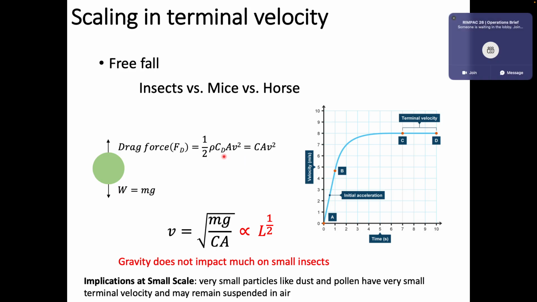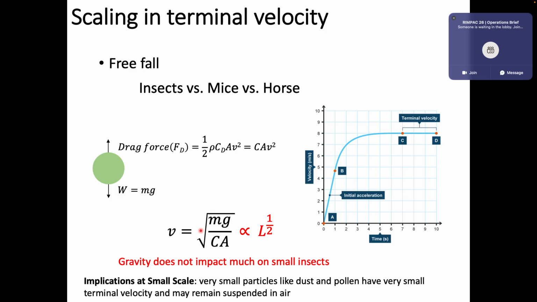I'm just lumping the 1/2, rho and Cd into one constant C, because this is not really important. It is just a constant. So if we equate them, the velocity is essentially square root of mg over CA.